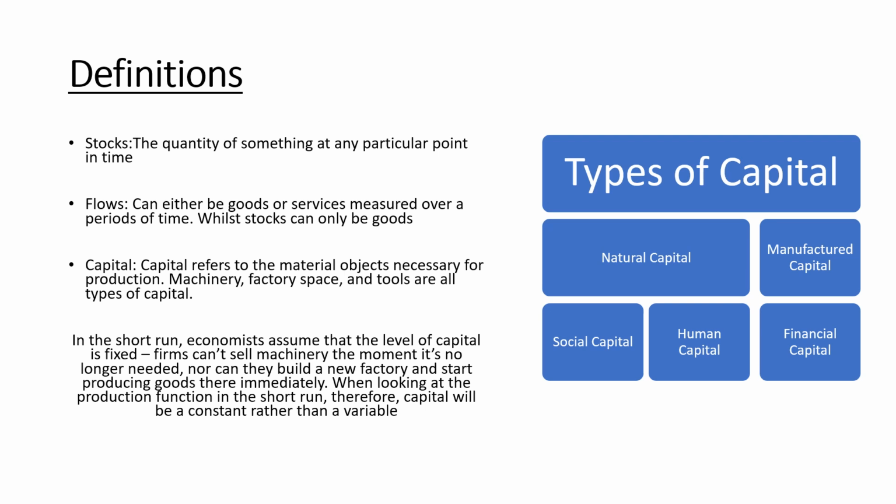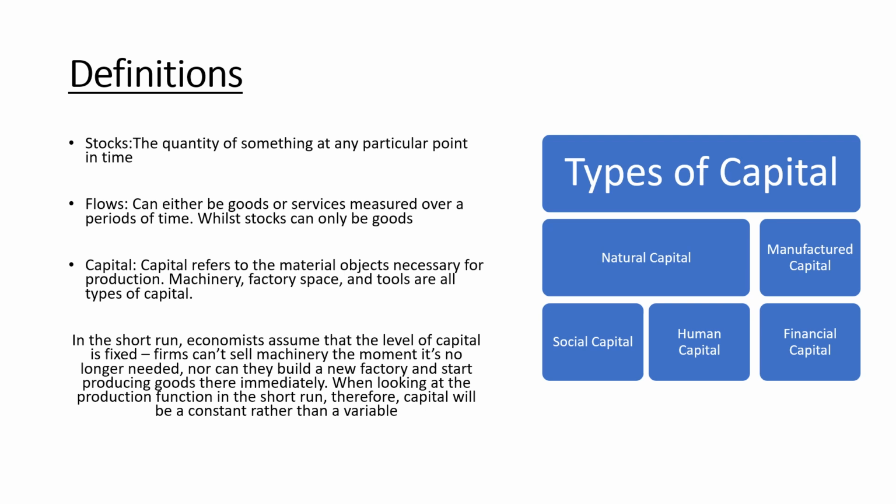So economists see capital as a much wider concept than, I guess, accountants or bankers see it. And economists recognize natural capital, manufactured capital, financial capital, human capital, and social capital.